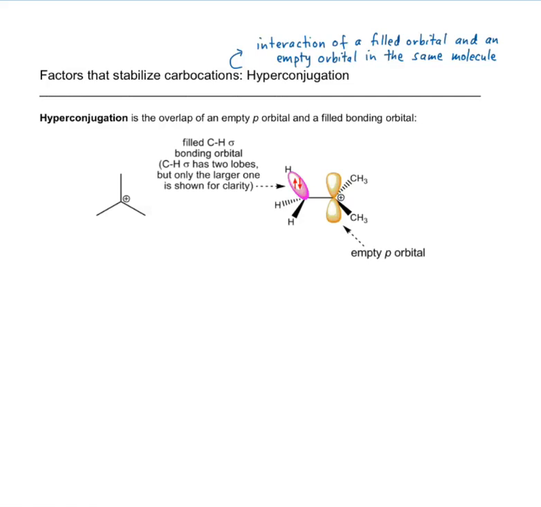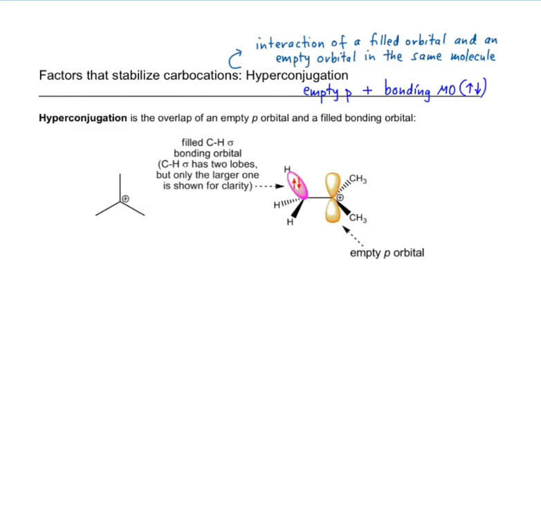The empty orbital is always going to be a p orbital, and that's going to interact with a molecular orbital that's a bonding orbital. So in hyperconjugation, in the case of stabilizing a carbocation, the filled orbital is going to be a bonding molecular orbital that has electrons in it, and the empty orbital will be a p orbital.